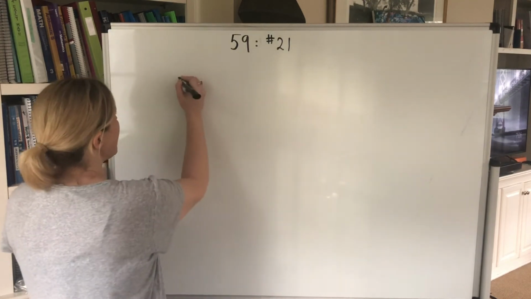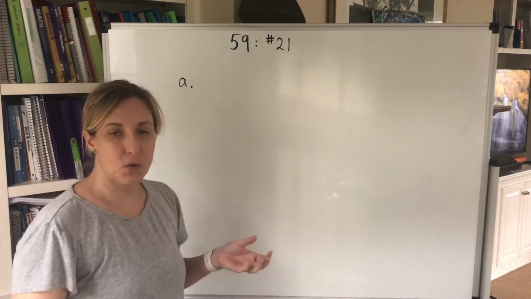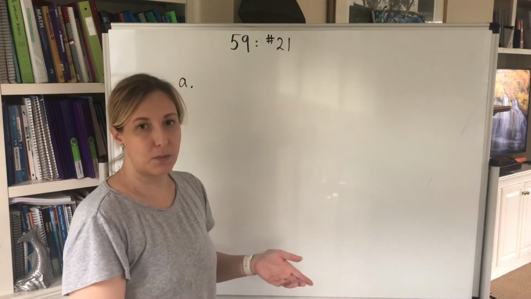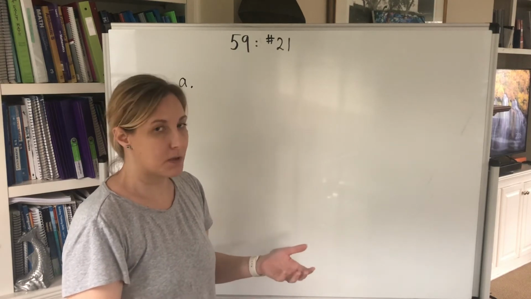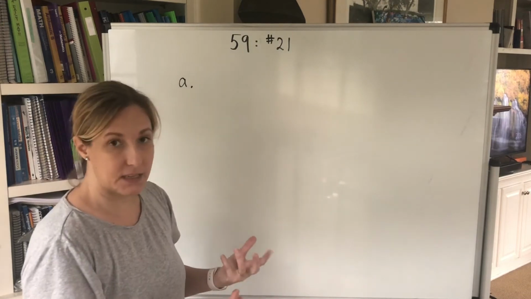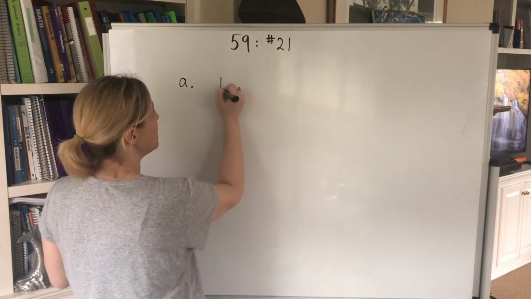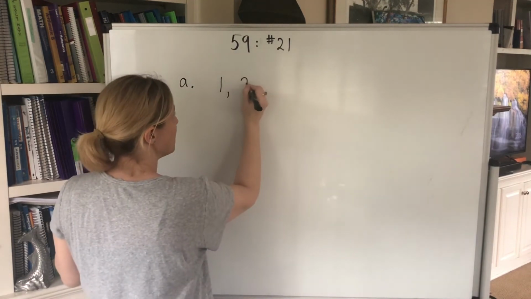First of all, in part A, the question is, if you rolled a number cube, what is the probability of the outcome being less than 3? Well, there are only 6 sides on a number cube, so our only options would be a 1 or a 2.